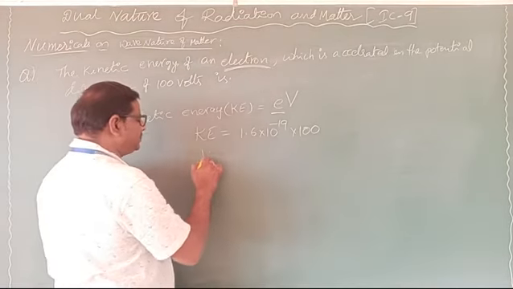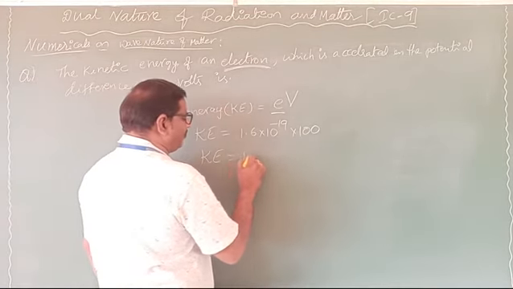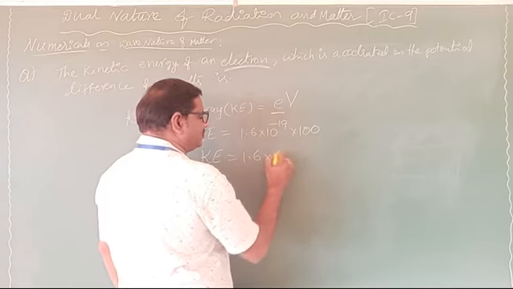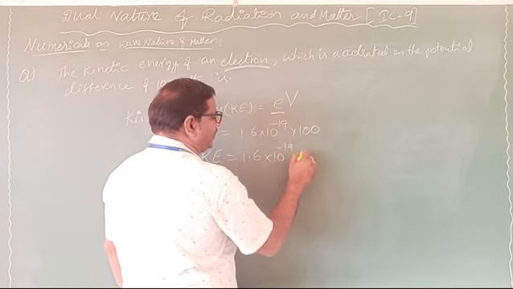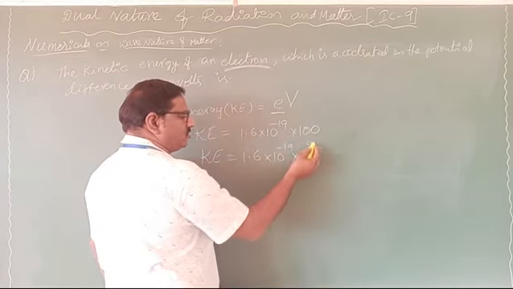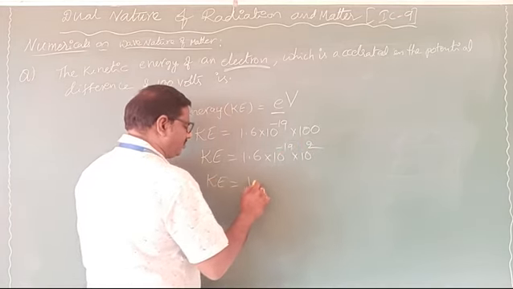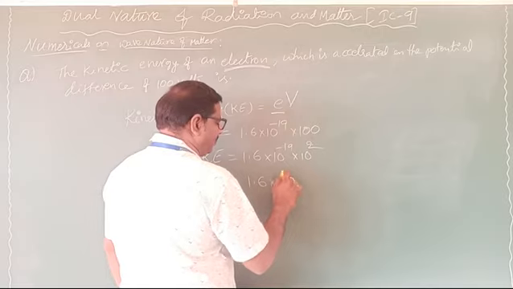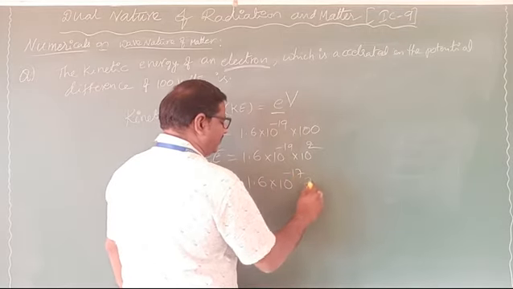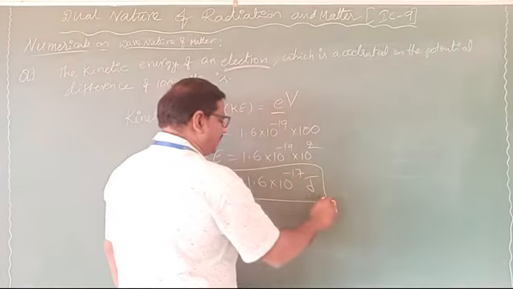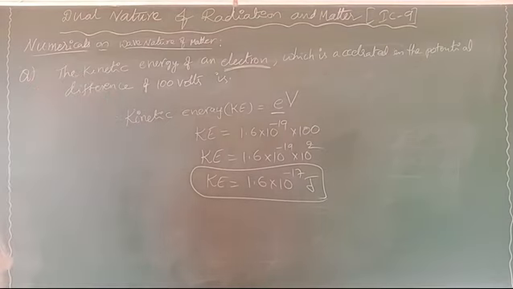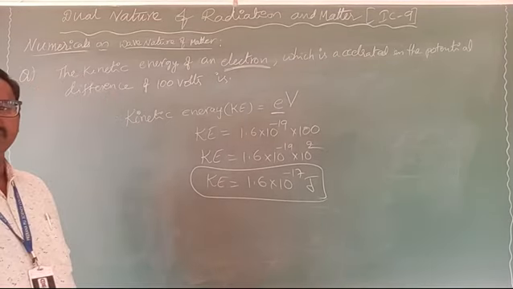Then kinetic energy K equals 1.6 into 10 power minus 19 into 10 power 2. So plus 2 here, minus 19, then kinetic energy K equals 1.6 into 10 power minus 17. It is in joules. Clear?